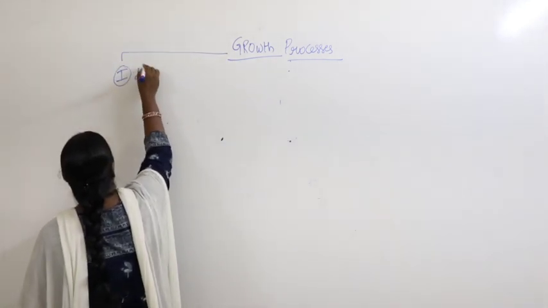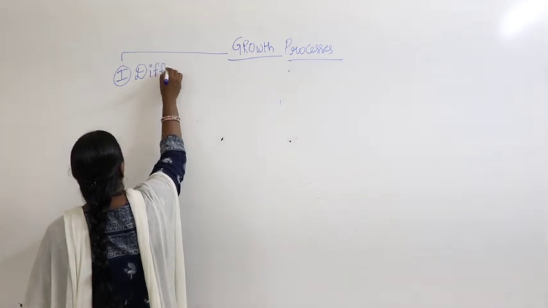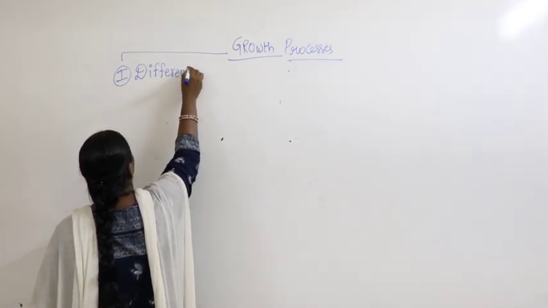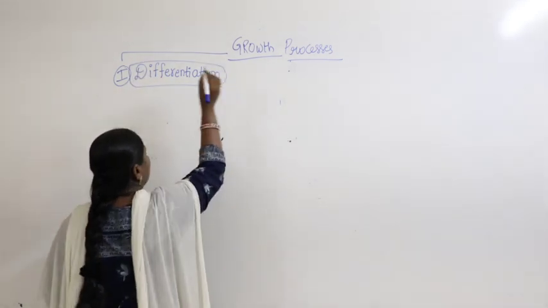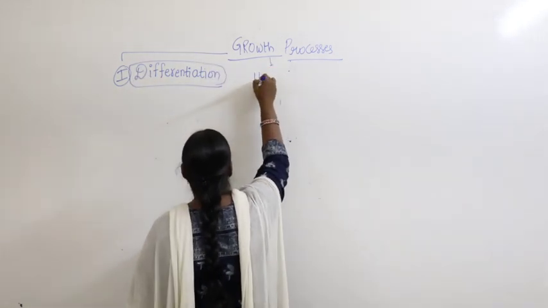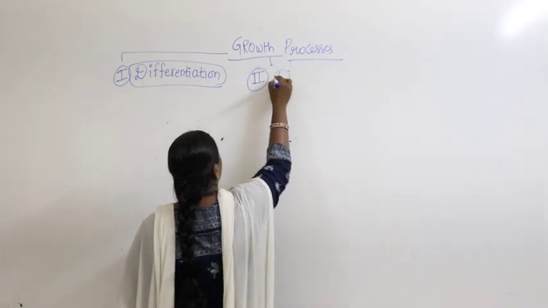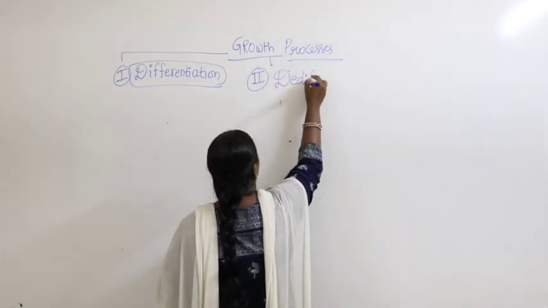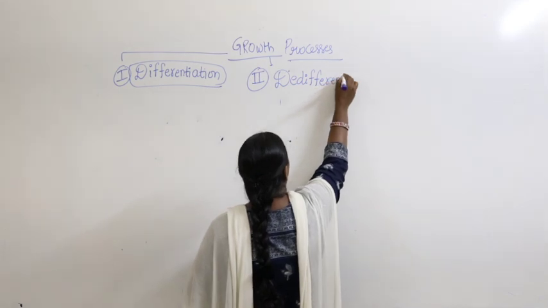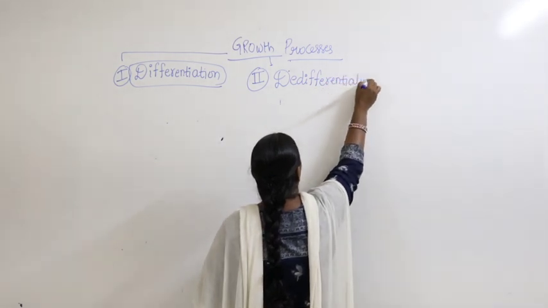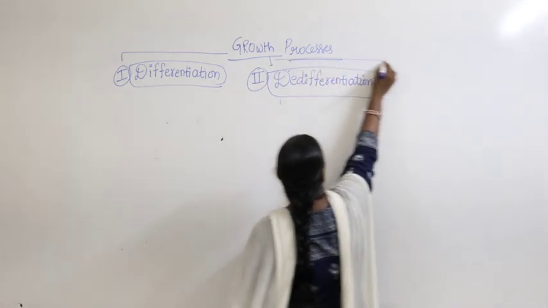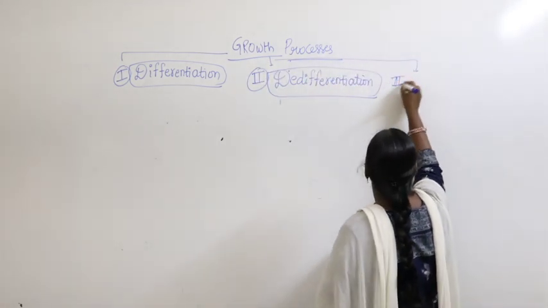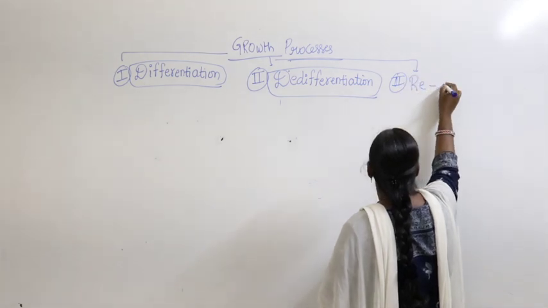First one is called differentiation. Second one is called de-differentiation. And third one is called re-differentiation.